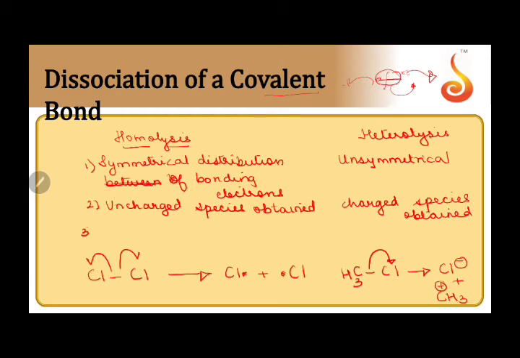Coming to the third point of difference, in homolysis, as these atoms are the same, they are pulling the bonding electrons with the same energy. They are equally electronegative as they are the same atom. Because of this, you need to supply this reaction with some external energy like heat, electricity, peroxide or light.